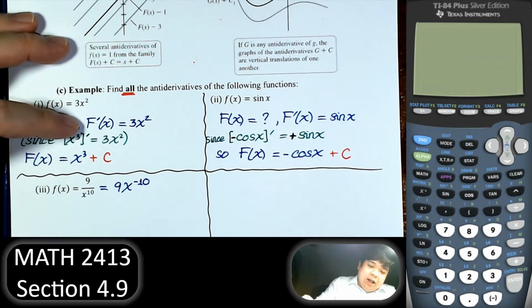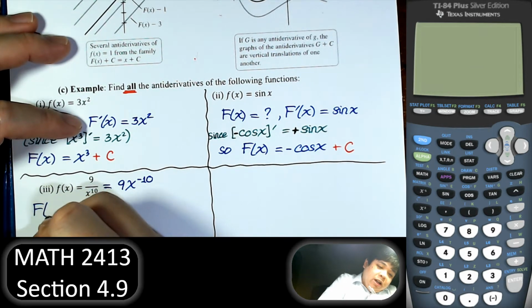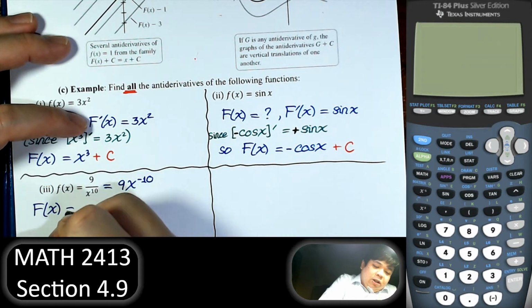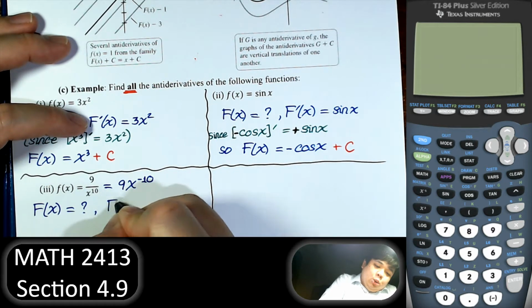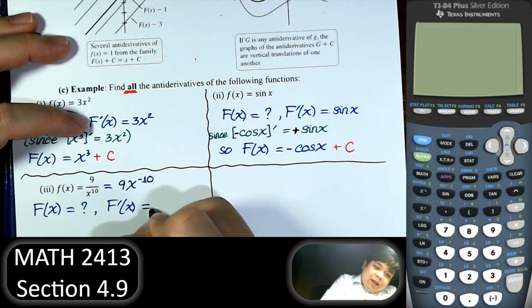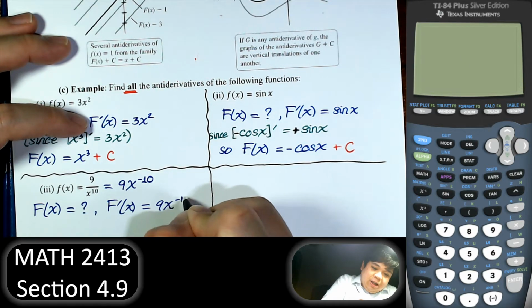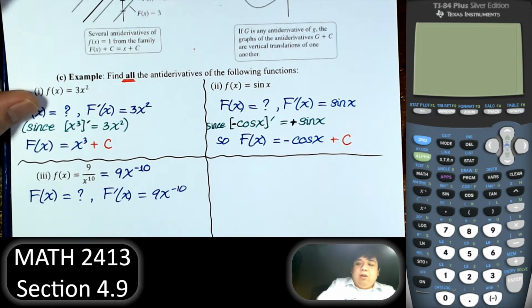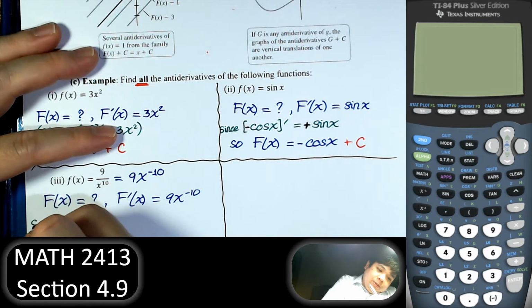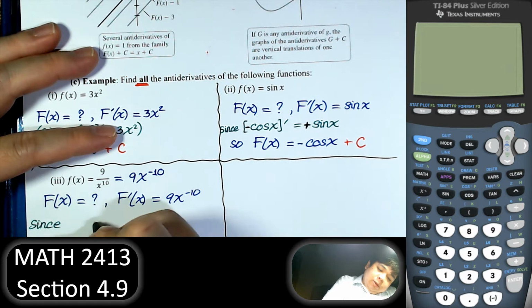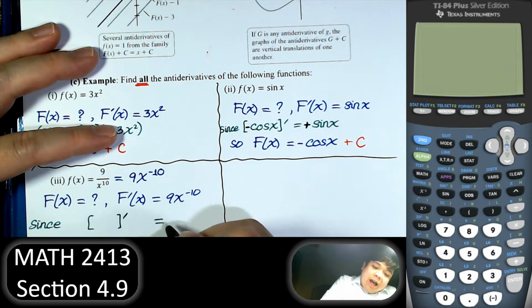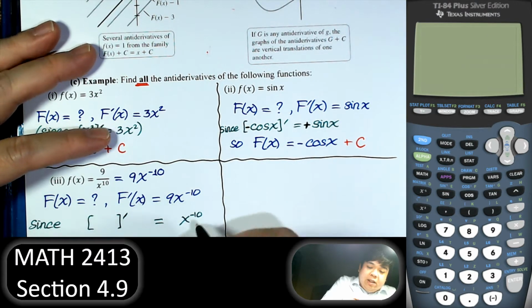Let's write the question: we'll find a function whose derivative is 9x to the negative 10.